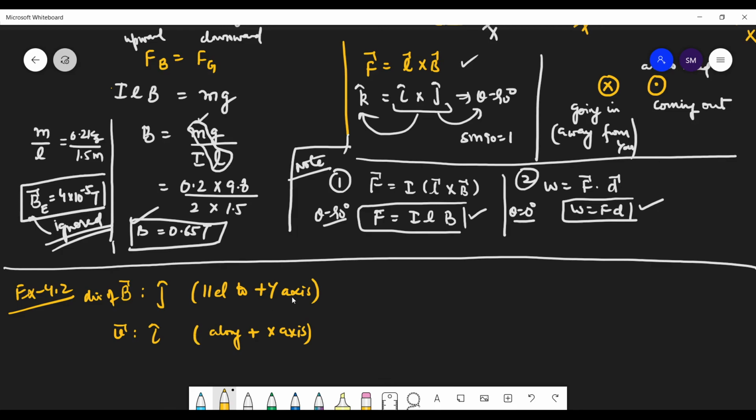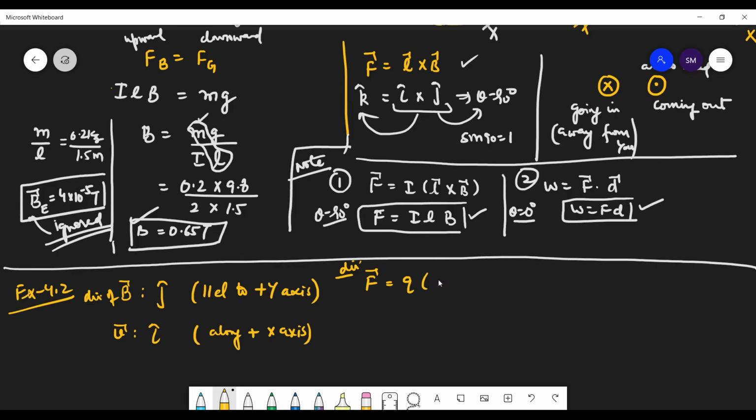Which way will the Lorentz force be? So direction you have to find, students. Don't worry about magnitude. Now the sign of charge matters, isn't it?